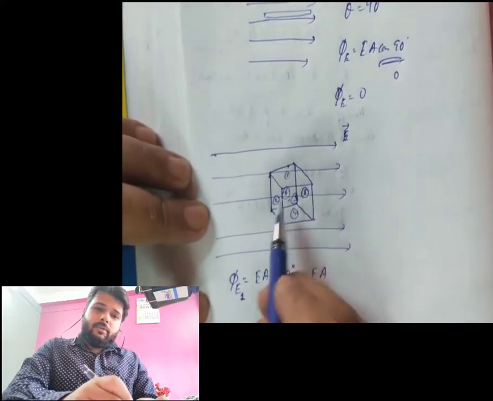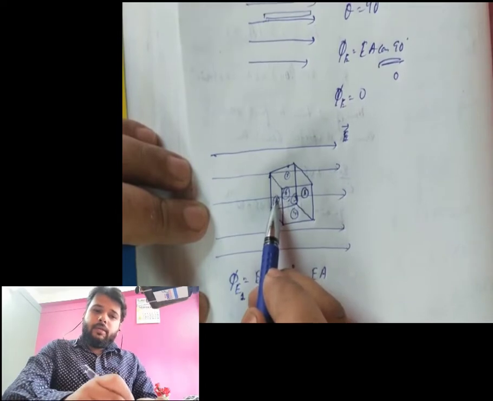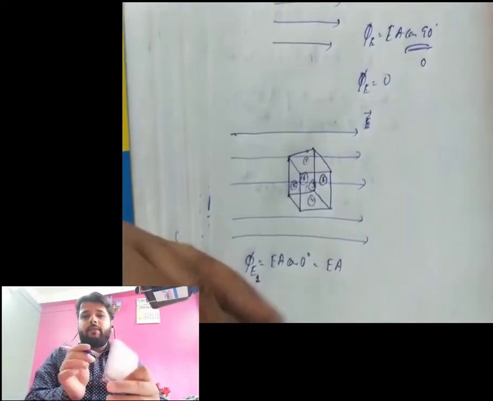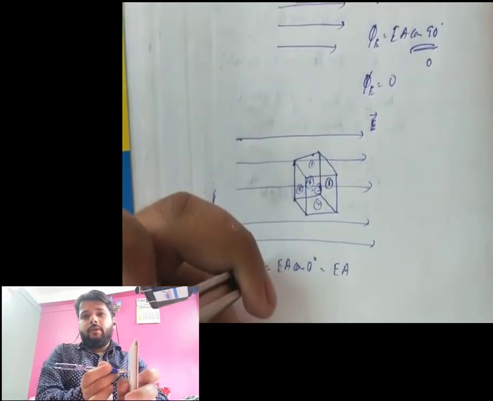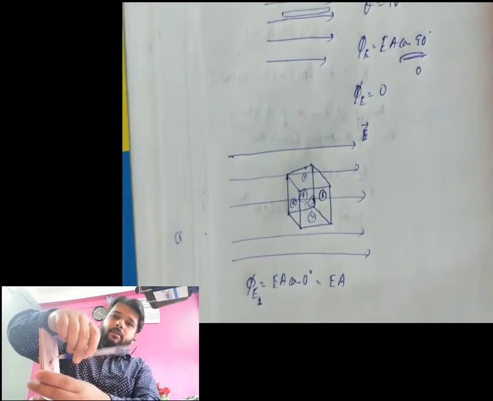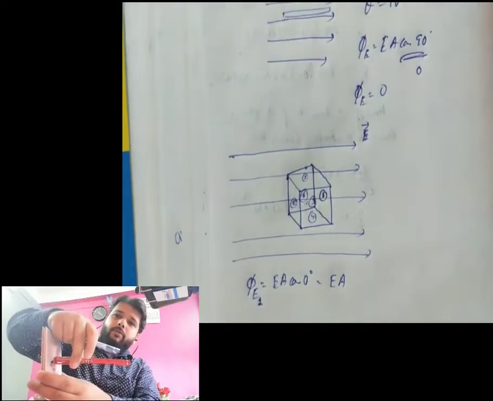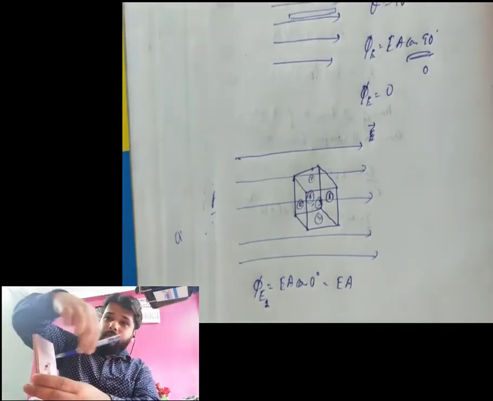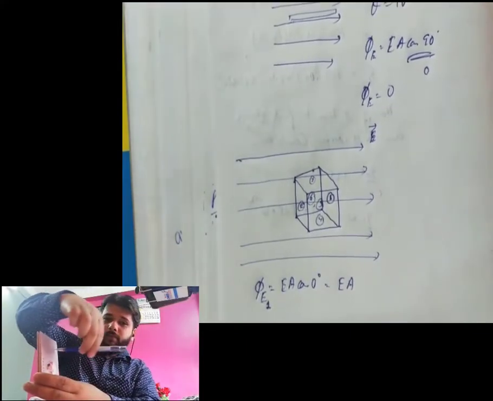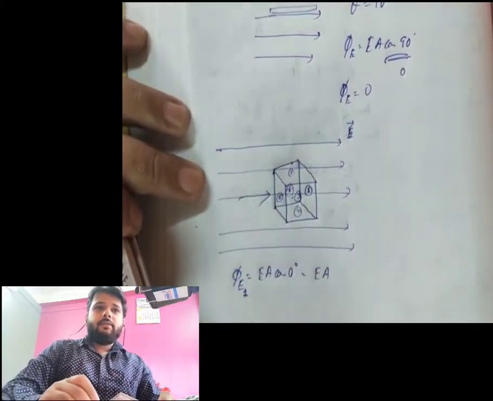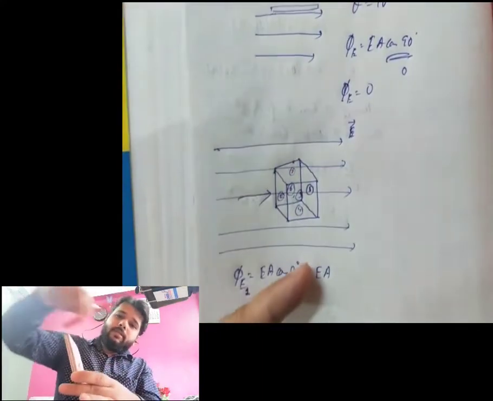Next come to the second surface, this one. Here this is the surface, so area vector is always perpendicular to it. Area vector is this one, and where is the electric field? The electric field is moving into the plane. Here the electric field is going in this direction, and area vector is over here.